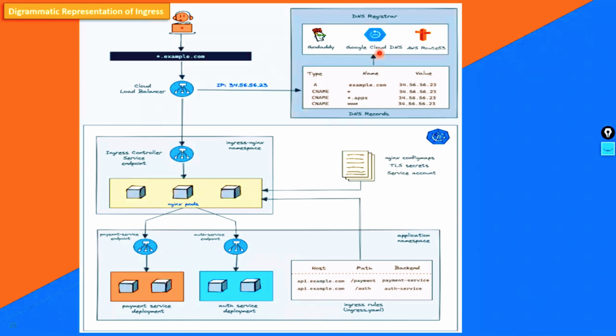So you are going to get a domain from GoDaddy or Google Cloud DNS or AWS Route 53. Route 53 is a very popular domain name service or registrar, because you cannot design your own IP address.